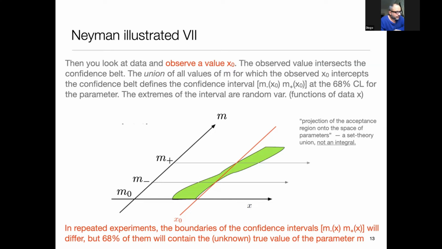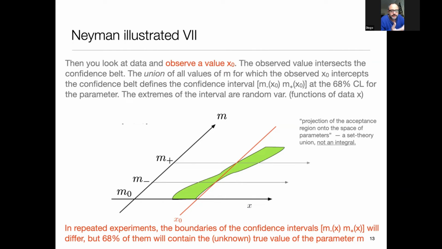This intercepts the confidence band, and basically what you get is the range in the true parameter m corresponding to the intersection between our data and the confidence band. This range here between m minus and m plus is actually the result of our measurement. So it is the confidence interval corresponding to our data x0. Okay?